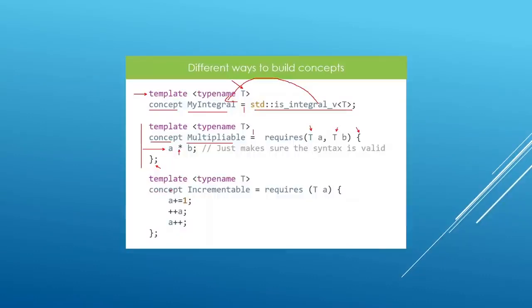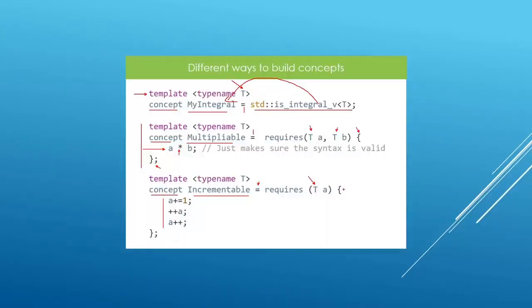If you go down here, we have another example called incrementable. This is going to require for the template parameter to be incrementable. We specify the concept keyword, we say the concept name, we put in our equal sign, and then we say requires, we put in the template parameter and put in our requirements. For any template parameter that is using this concept, the syntax here must make sense.